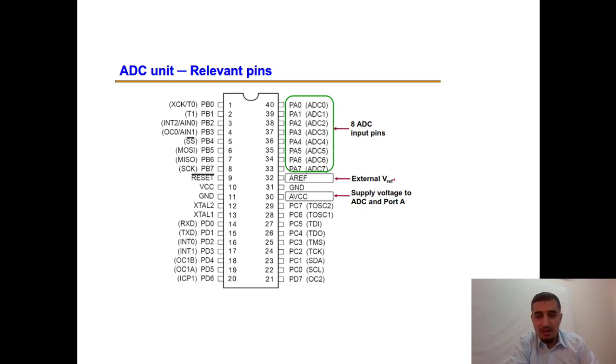We have an external V reference if we don't want to use the actual reference voltage, and we have a power supply to the analog to digital converter and port A. If we are using the analog to digital converter, we need to give it its separate supply, and we have a different reference voltage if we do not want to use the built-in one.